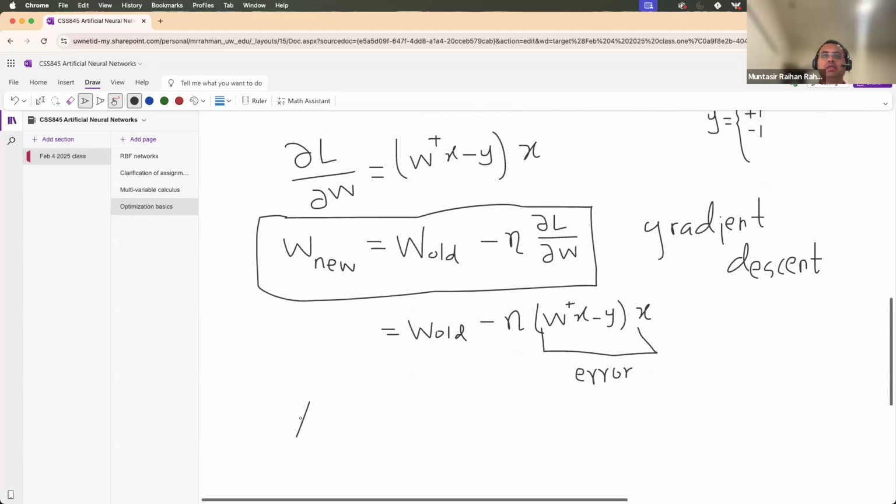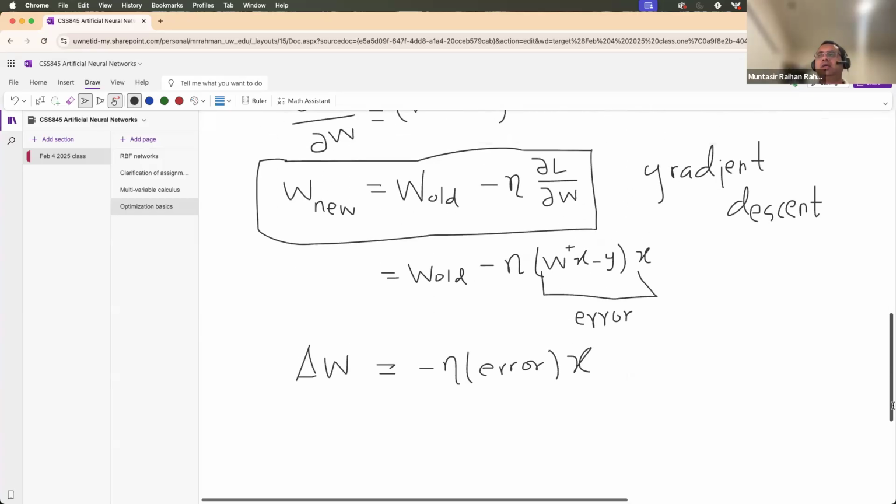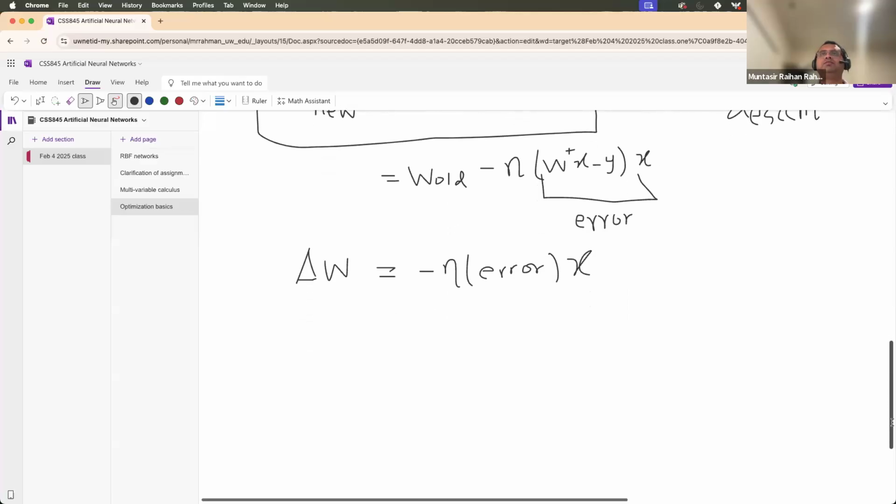In some sense, the difference in your weight is minus the error function times X. You can see that this is similar to the perceptron rule: if you make an error, which is when W transpose X is positive and Y is -1, then you change the weight proportional to X. That should remind you of the perceptron rule, but it also boils down to a formal optimization method.